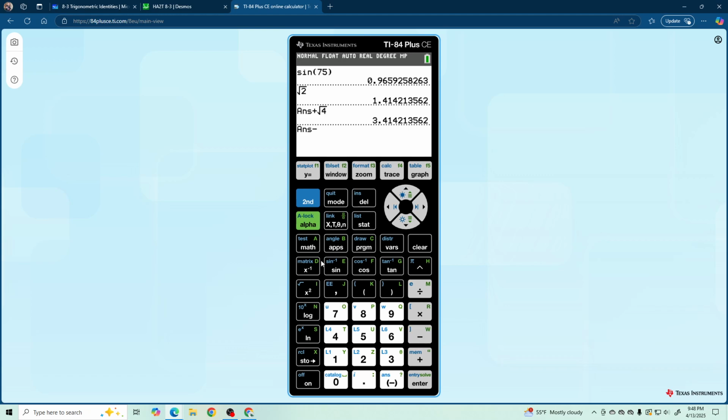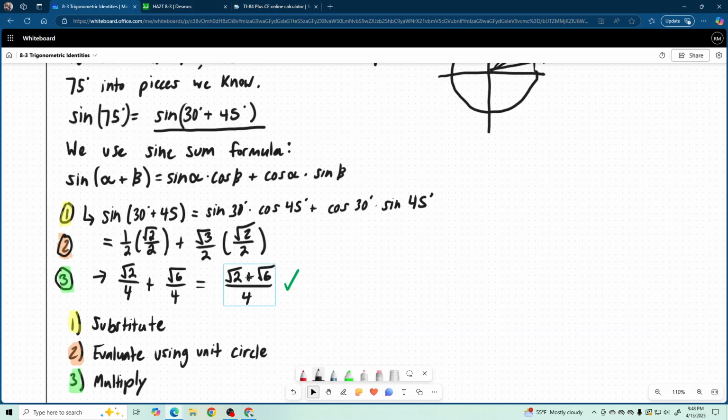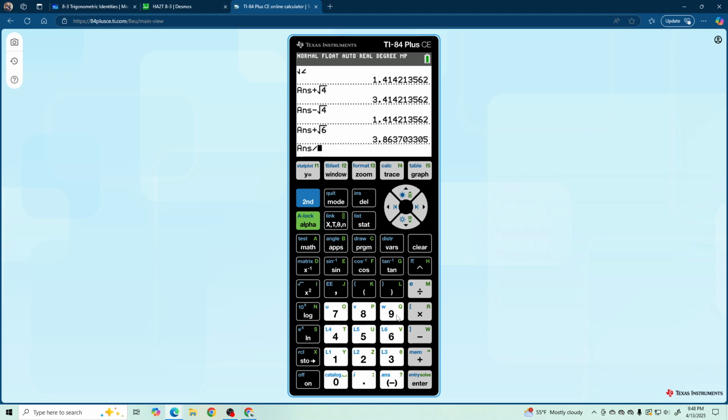Let's minus the square root of 4. There we go. So plus the square root of 6. Right, so 3.83. And then all that divided by 4. We get 0.9659, right? Which is literally the answer that we got before if we scroll up a bunch. There we go. Same answer.